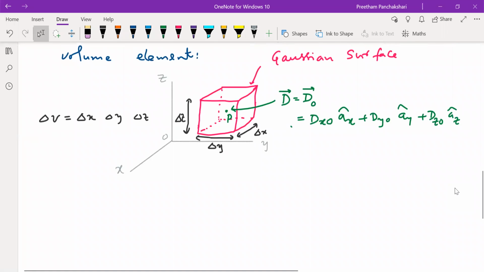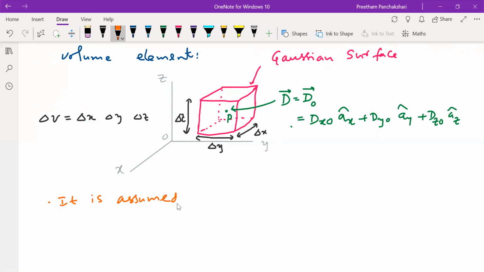What is the assumption while constructing this closed surface? It is assumed, first point, that D remains constant on the rectangular faces.